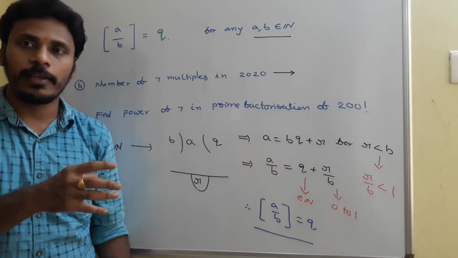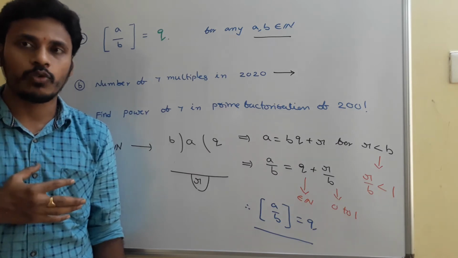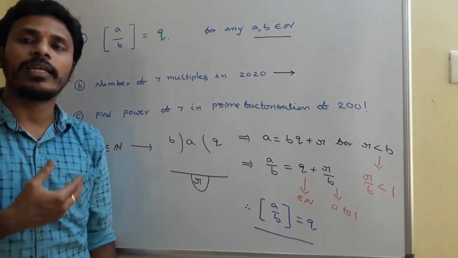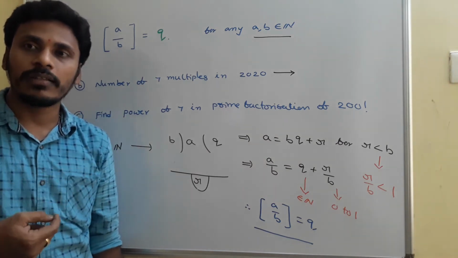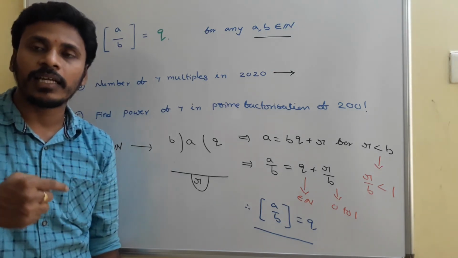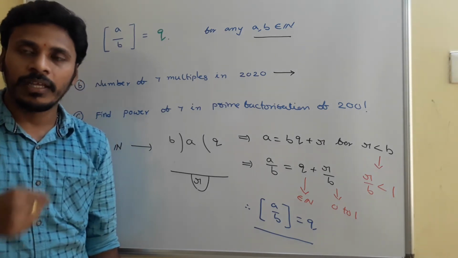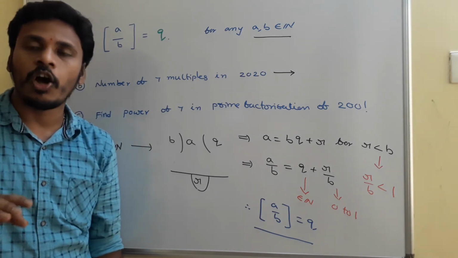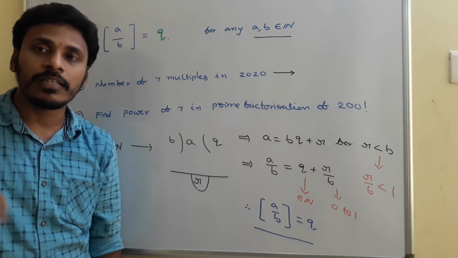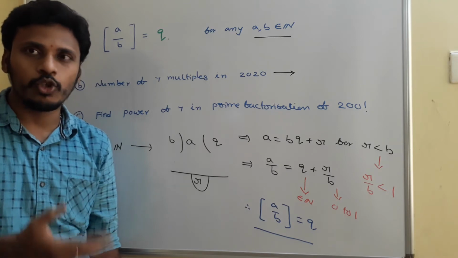Suppose I ask how many 3 multiples are there below 100, you need to go with the 3 table, right? 3 ones are 3, 3 twos are 6, 3 threes are 9, like that. 3 into 33 is 99. After that we have 100. That means below 100 there are 33 multiples of 3. It's the usual logic, right?